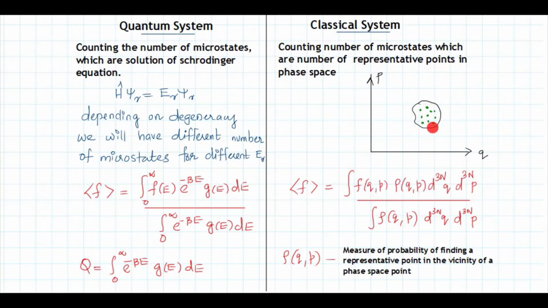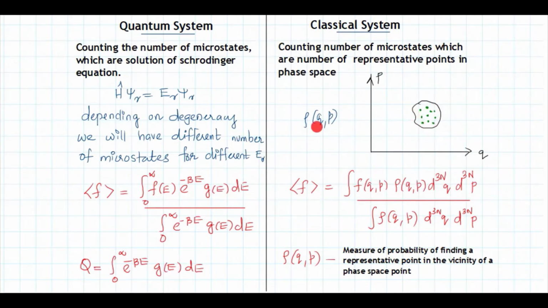If you consider an elemental volume, the number of representative points inside this volume can be given in terms of a function known as the density function, rho of q p. Rho of q p, when multiplied with this volume element, will give you the total number of representative points in that volume.